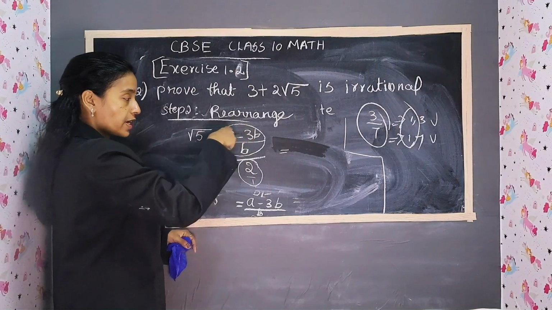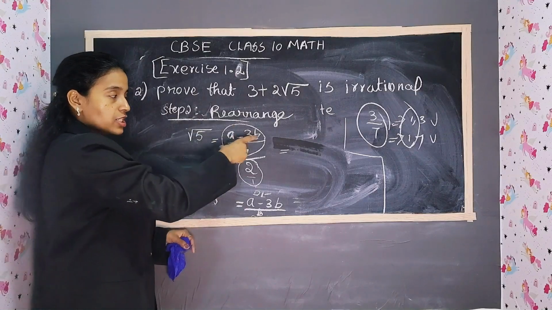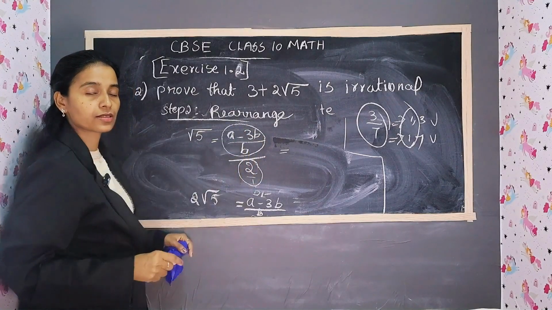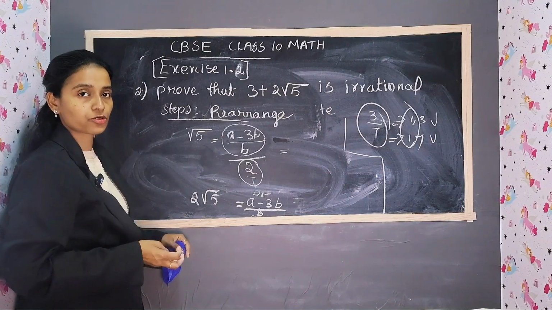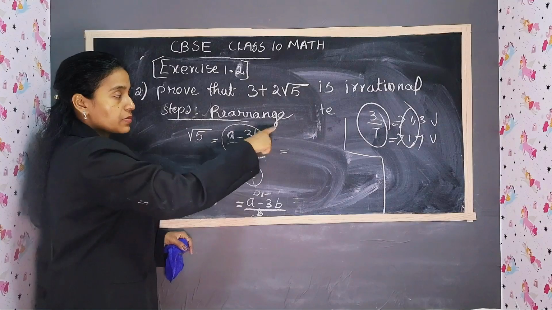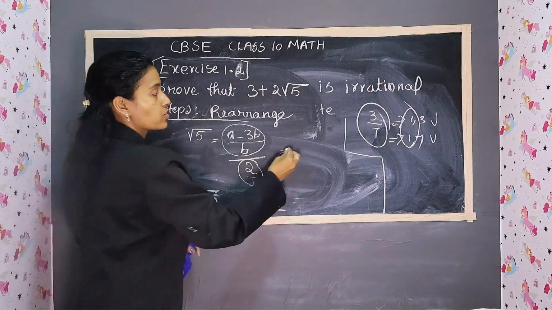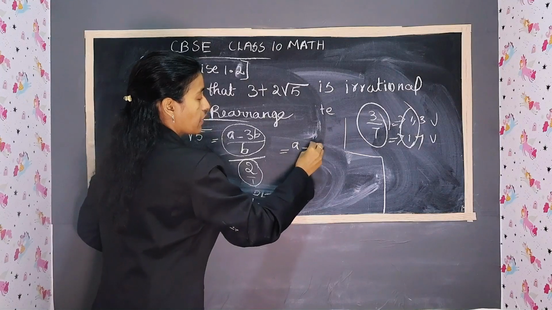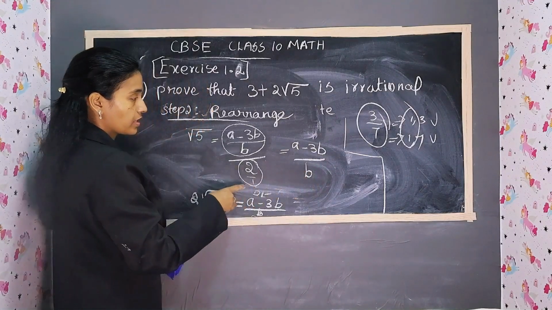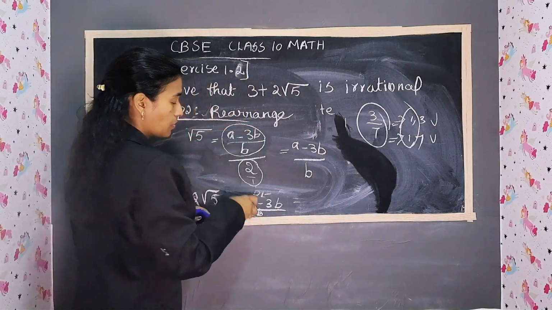So this one fraction divided by another fraction is this fraction multiplied by the reciprocal of this term, right? This is the simplification process. This is the basic thing we have to know. So how it could be A minus 3B divided by B, this 2 by 1.